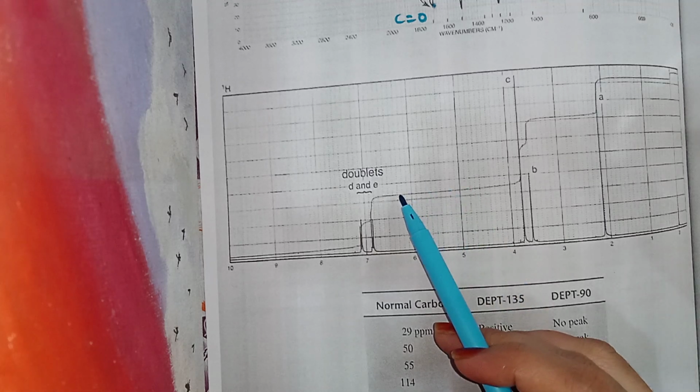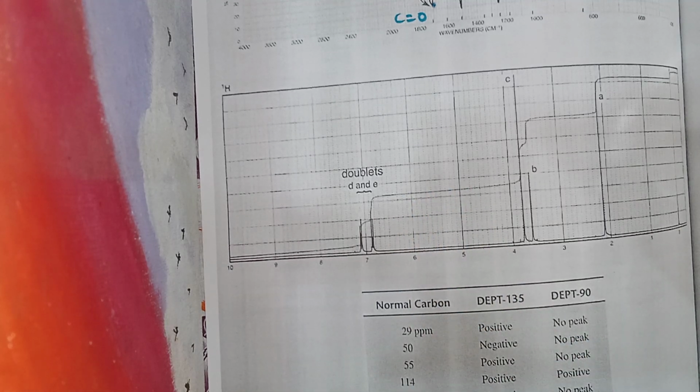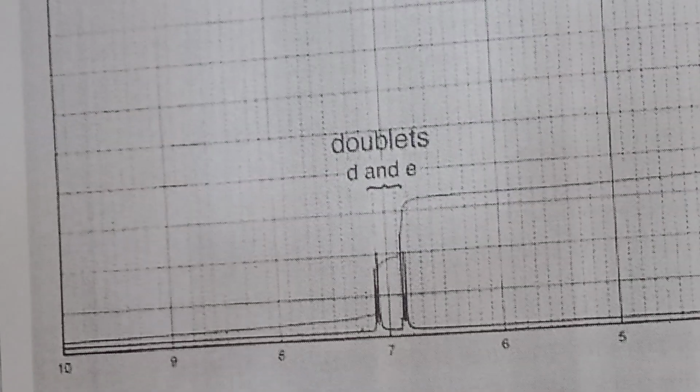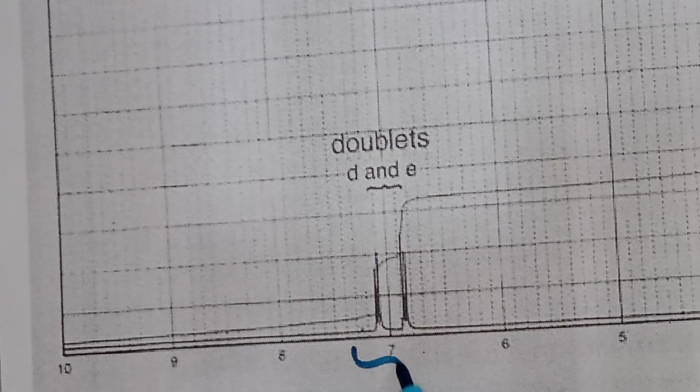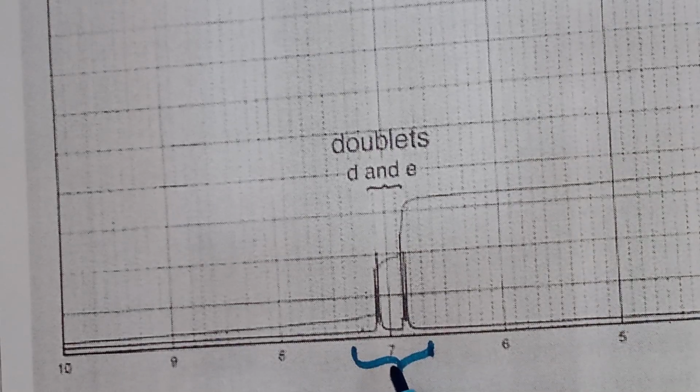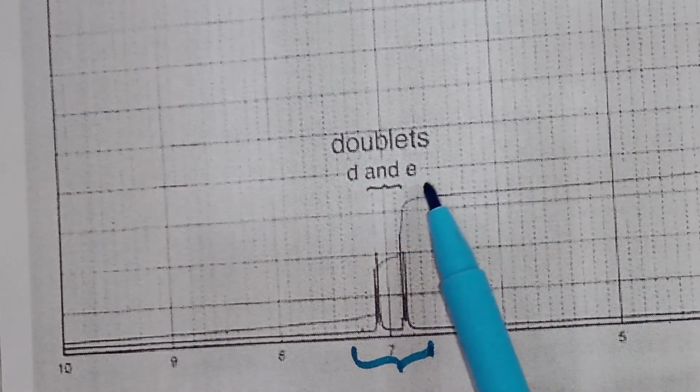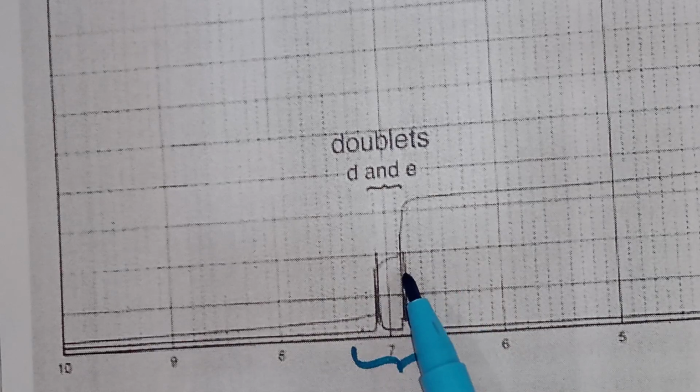Let us see the proton NMR. In between 6.8 and 7.2, there is a nice para substitution pattern which appears as a nominal pair of doublets integrating for 2 protons in each pair.